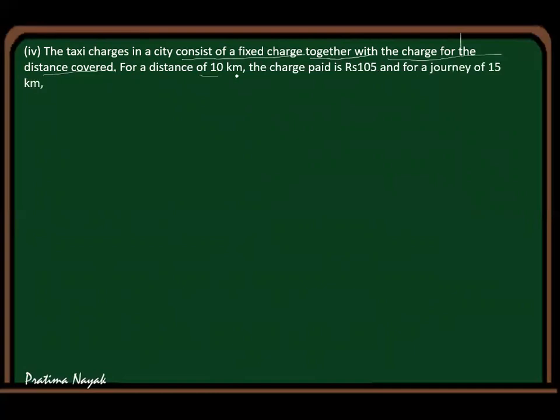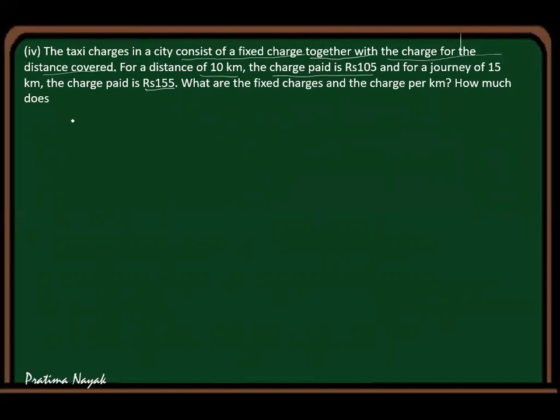For a distance of 10 kilometers, the charge paid was rupees 105, and for the 15-kilometer journey, the charge was 115. What are the fixed charge and the charge per kilometer of the distance covered? Now the second part is, if a person goes for 25 kilometers, how much does he have to pay?